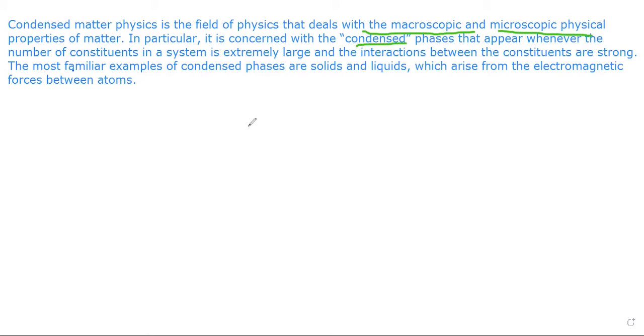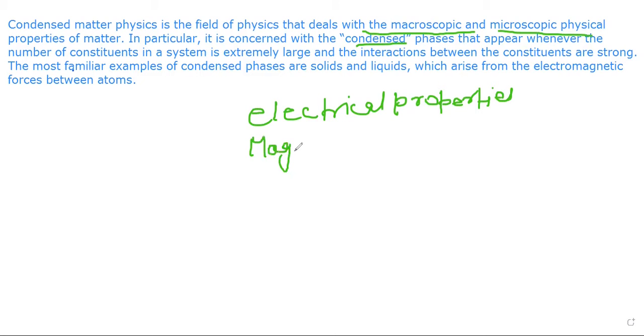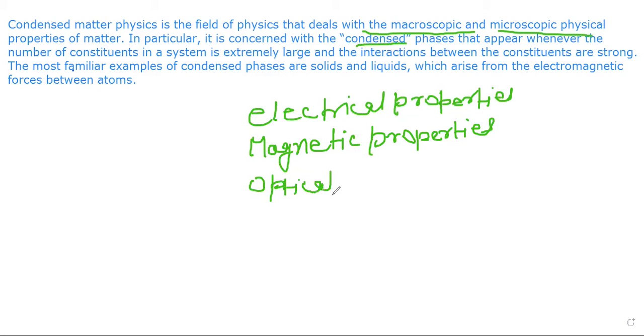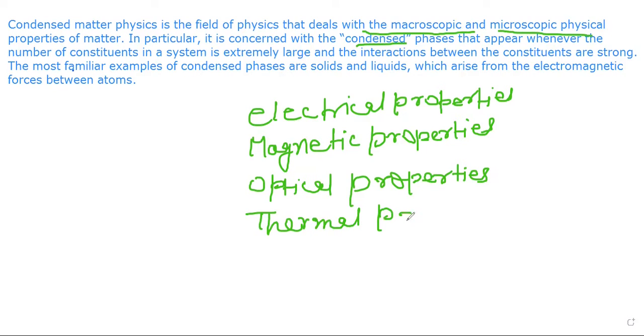So what are the macroscopic properties? Like electrical properties, magnetic properties, optical properties, thermal properties, and so on.